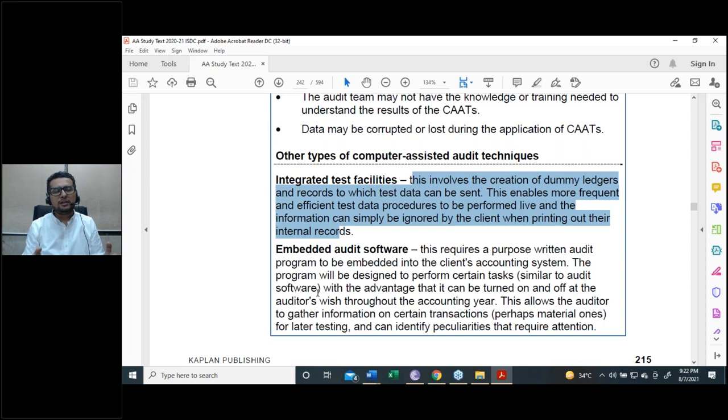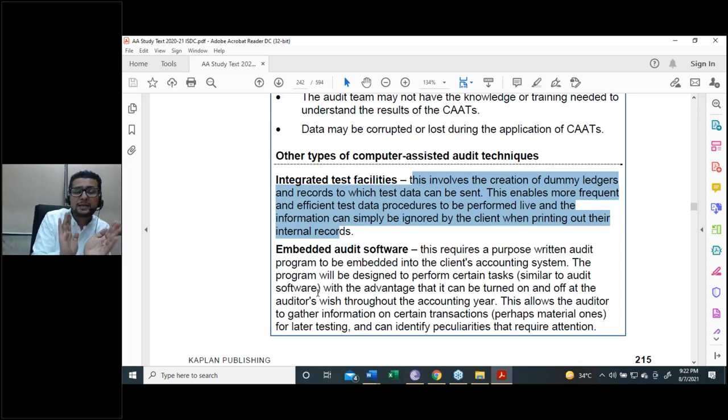So imagine there is a company's system, and obviously all the data in that system is relevant to the company. But as an auditor, I will be allowed to create my dummy ledgers within that system. Now, those dummy ledgers will not form part of the final financial statements.